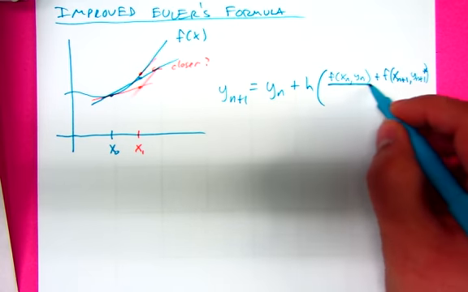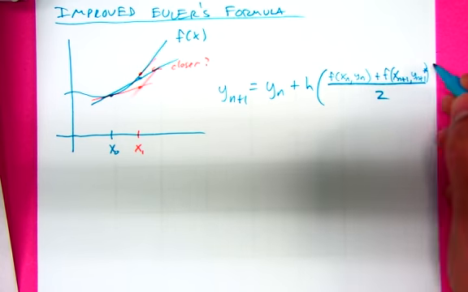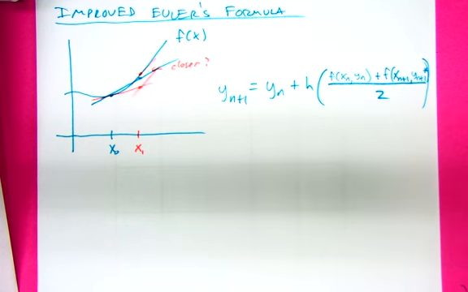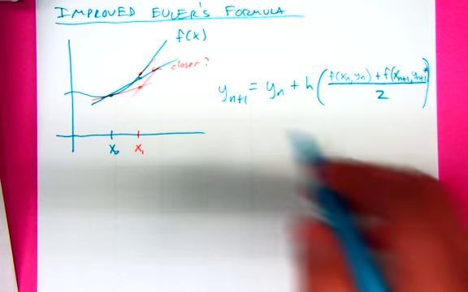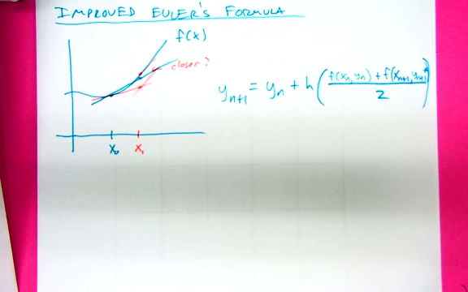We take those 2 tangent line slopes, we average them, and that gives us an average slope, and that's going to give us our output, which will be a little bit better than the previous method.